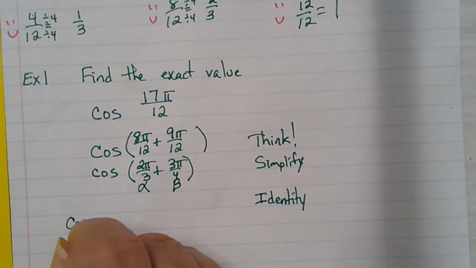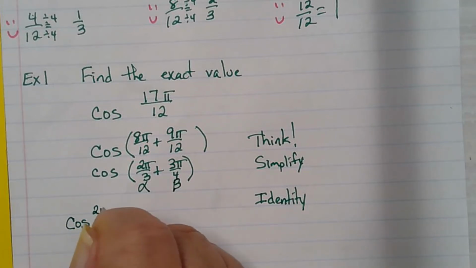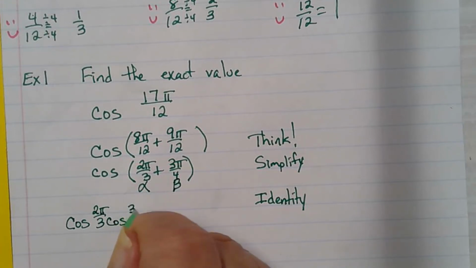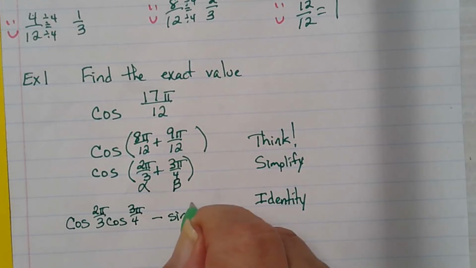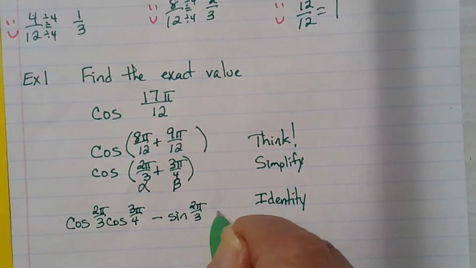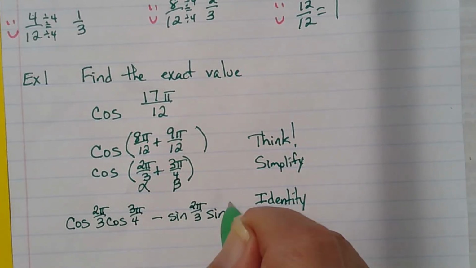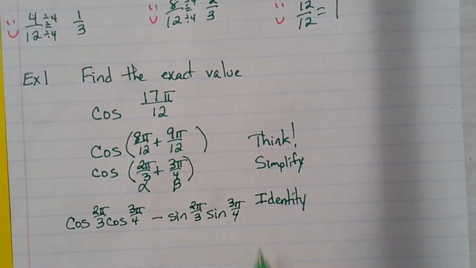Cosine of alpha, 2 pi over 3, times cosine of beta, which is 3 pi over 4, subtract sine of alpha, which is 2 pi over 3, times sine of beta, which is 3 pi over 4. Okay? Just doing substitution.